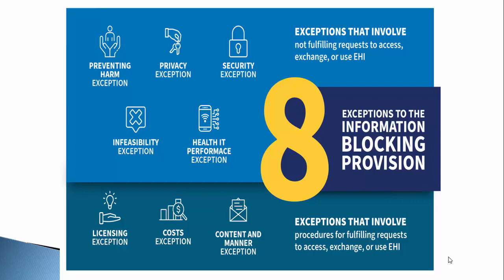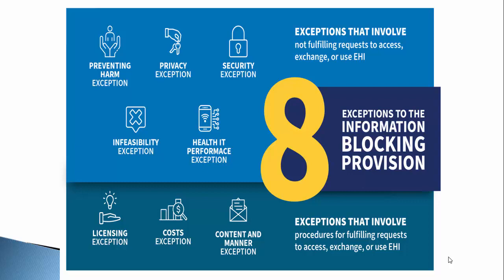So these are all a complex set of rules that each of them has certain provisions or conditions you have to meet before you can invoke them as an exception.